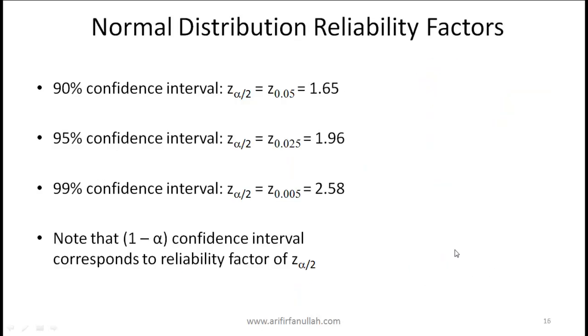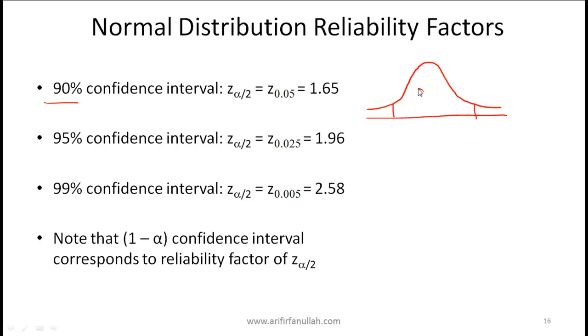Now what are some standard reliability factors with a 90% confidence interval? Z alpha over 2 is 0.05 and our reliability factor is 1.65, and I'll strongly encourage you to memorize this information. You can look it up in the tables, but if you know this by heart, that just makes life easier.